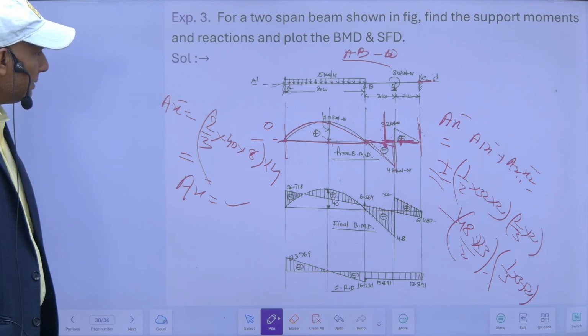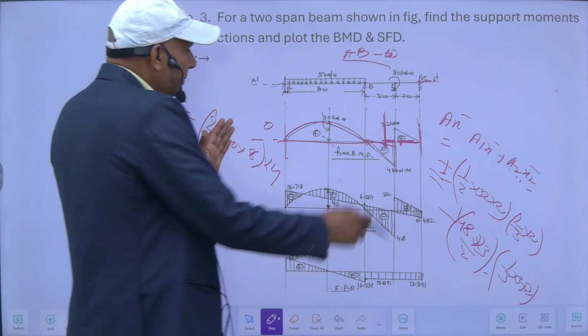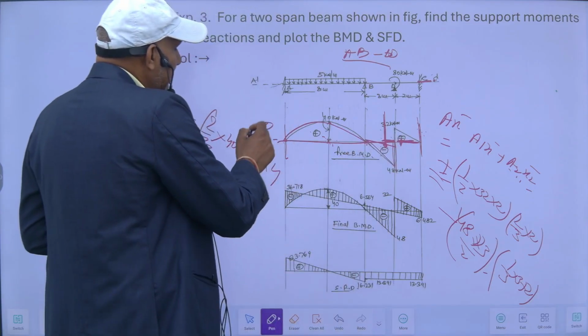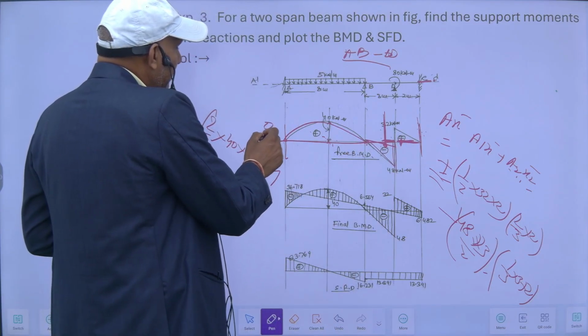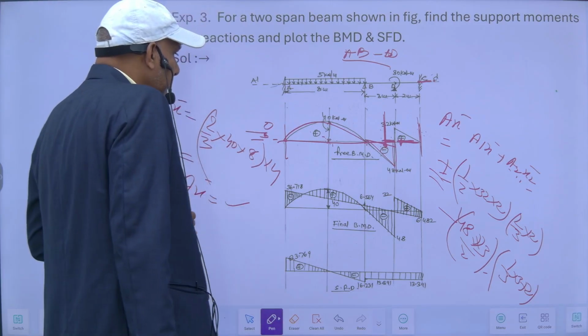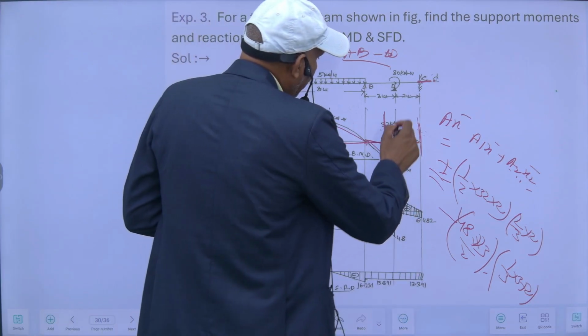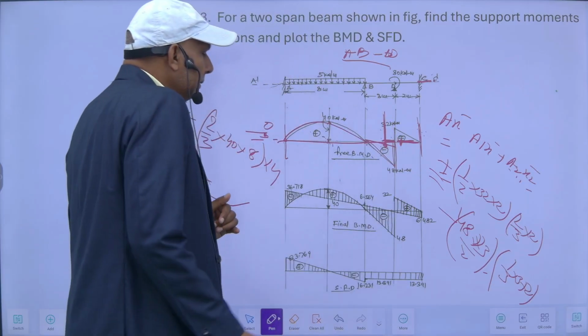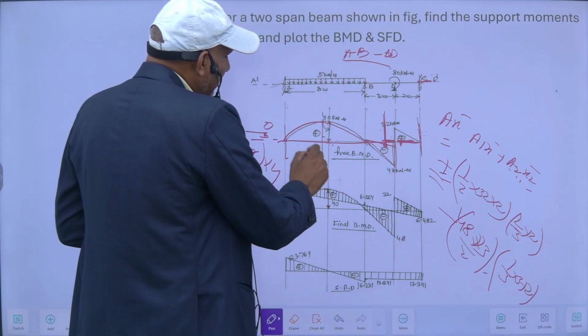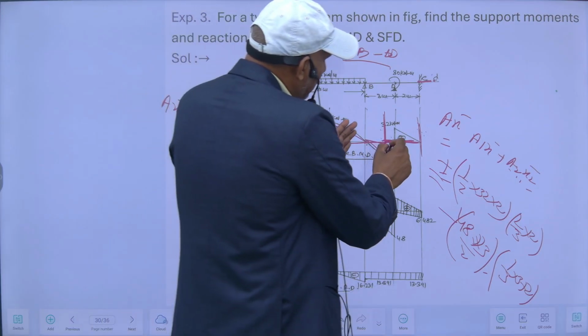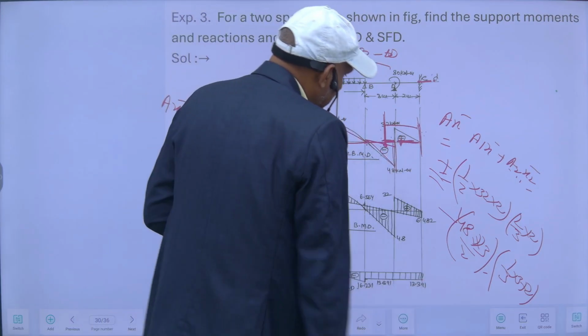Ax left means when I treat this span, this will be this distance, and when I consider these two spans, then x bar will be from this to this, and for this portion it is from this to this.